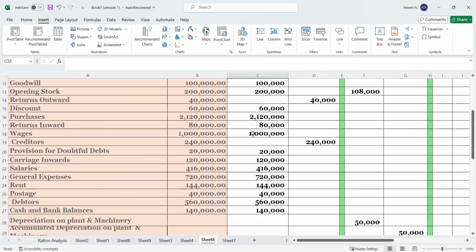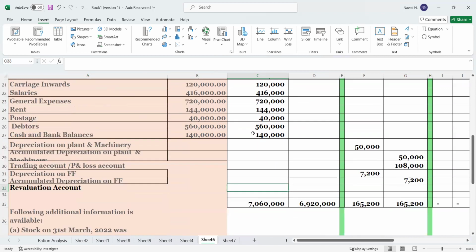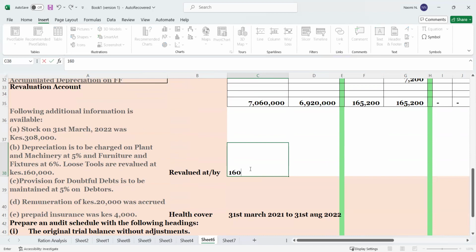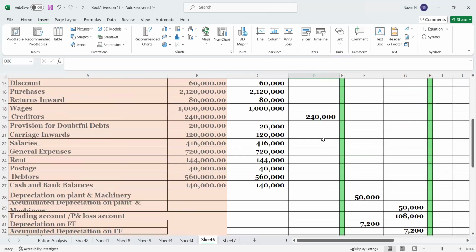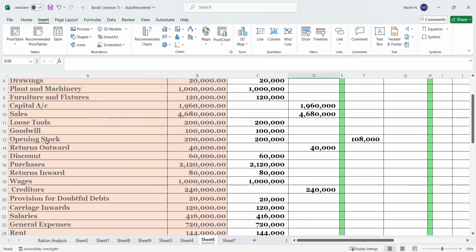They are saying that this item will be revalued to 123. So what we will do is come here. Where is that item? Okay.